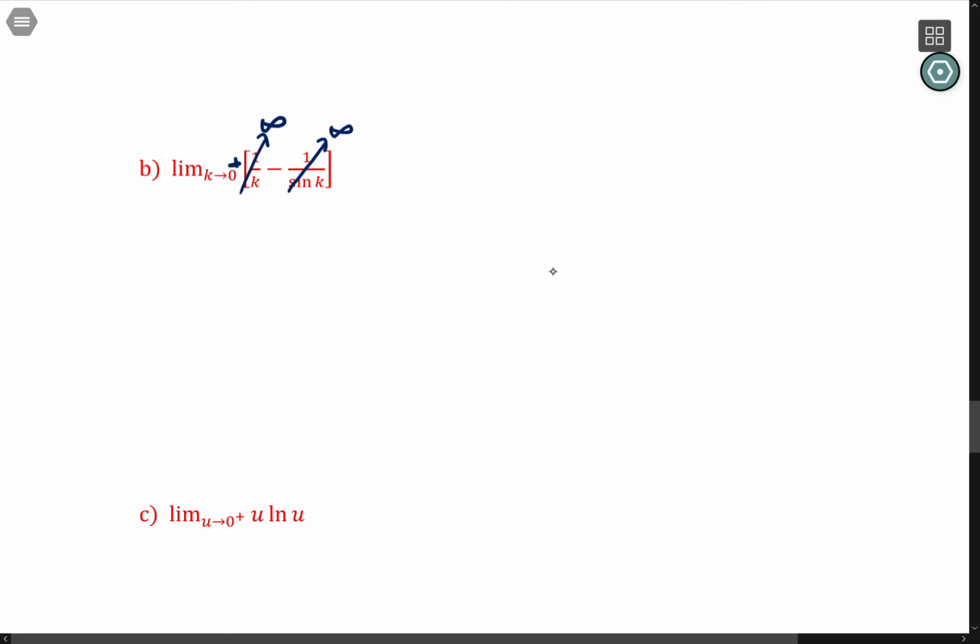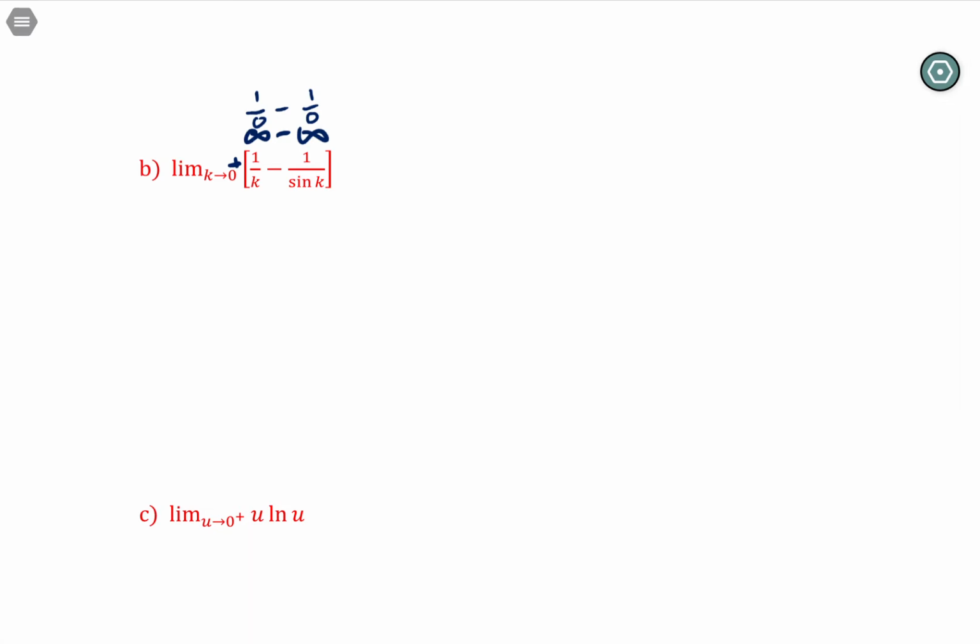Okay, so when you have this, infinity minus infinity, I mentioned it before, what's really happening is we have a 1 over 0 minus a 1 over 0, and getting a common denominator and making it a single fraction can make it something that we can apply L'Hopital's rule to.